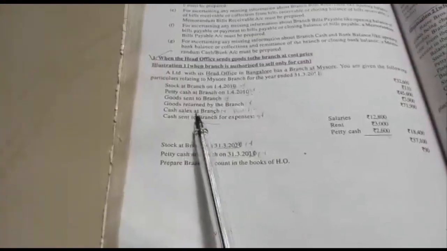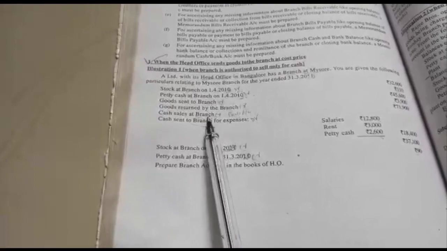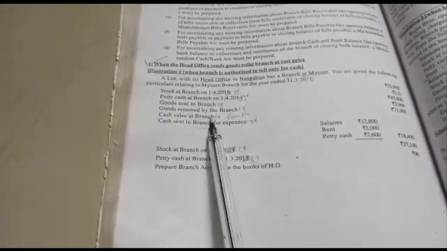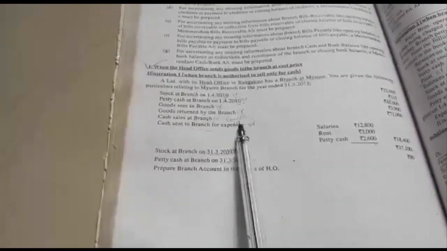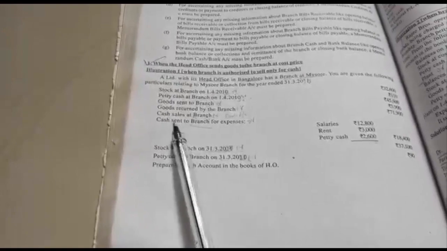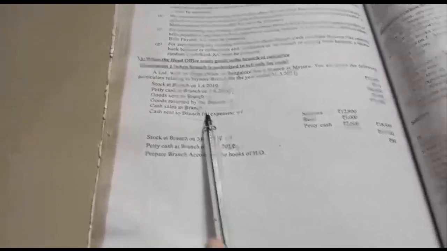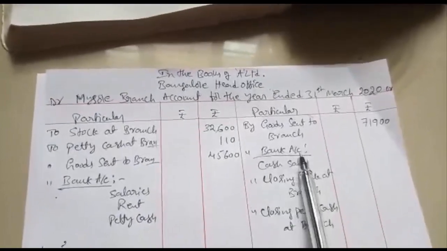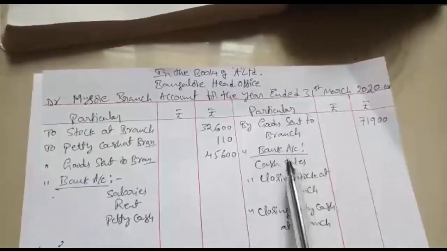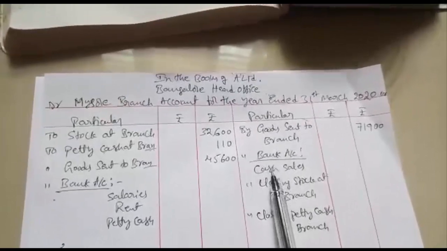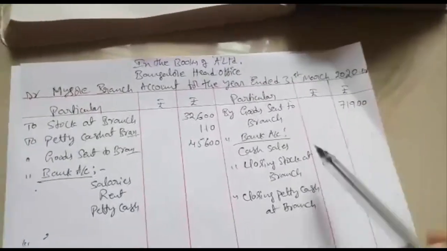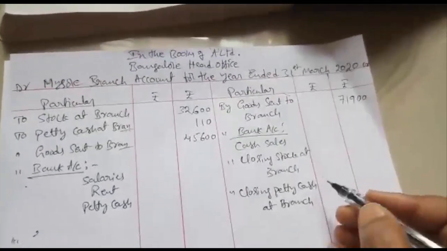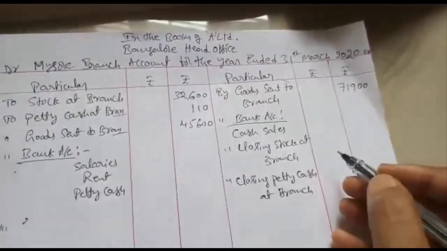Next, cash sales at branch. I already told you that it comes to the bank account, not the cash sales account. So on the credit side of the branch account, I am taking the bank account. Under the bank account, the transaction is cash sales.